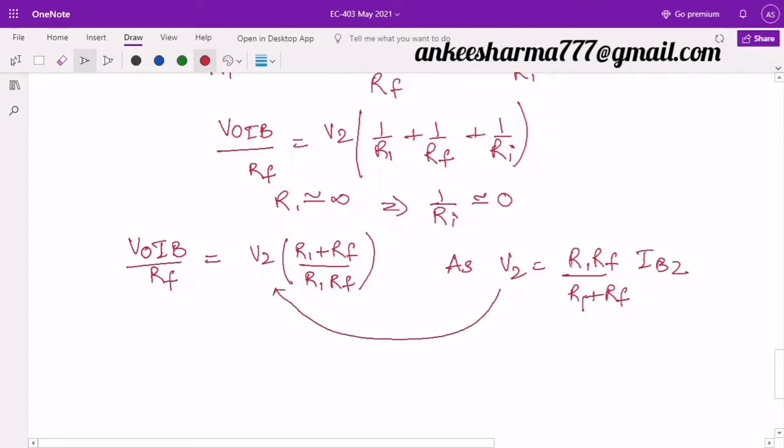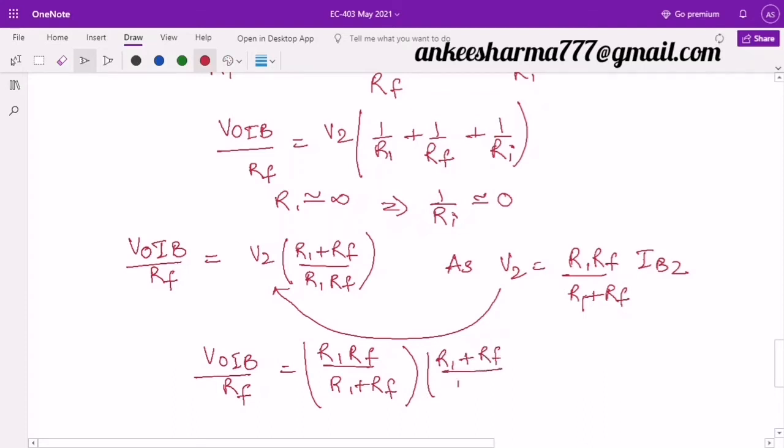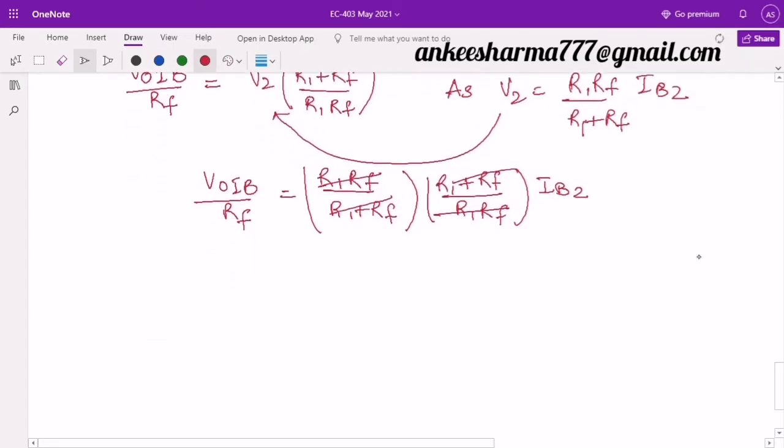Putting this value over here, we get VOIB upon RF is equal to R1 RF upon R1 plus RF into R1 plus RF upon R1 RF into IB2. And from here you can easily cancel out these terms, and you will find that your output voltage due to the input bias current, VOIB, is equal to RF times the base current IB2 to that inverting terminal.